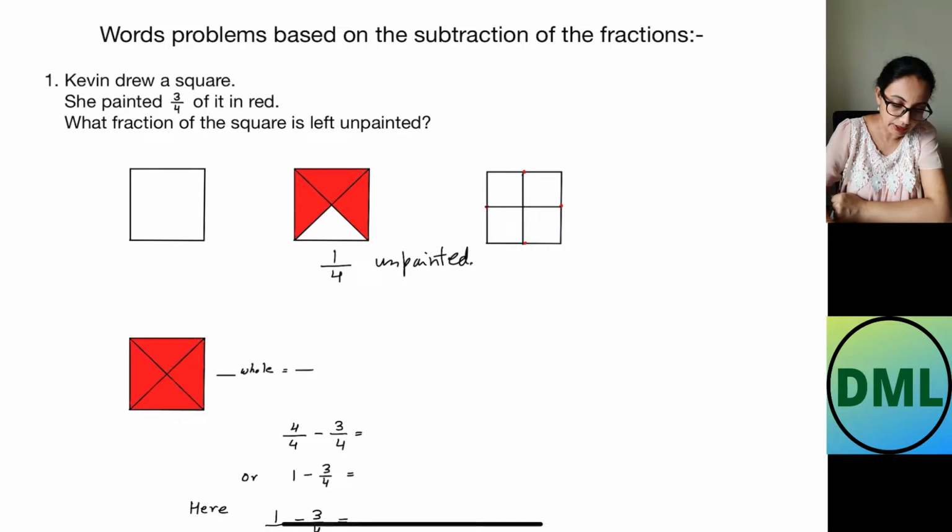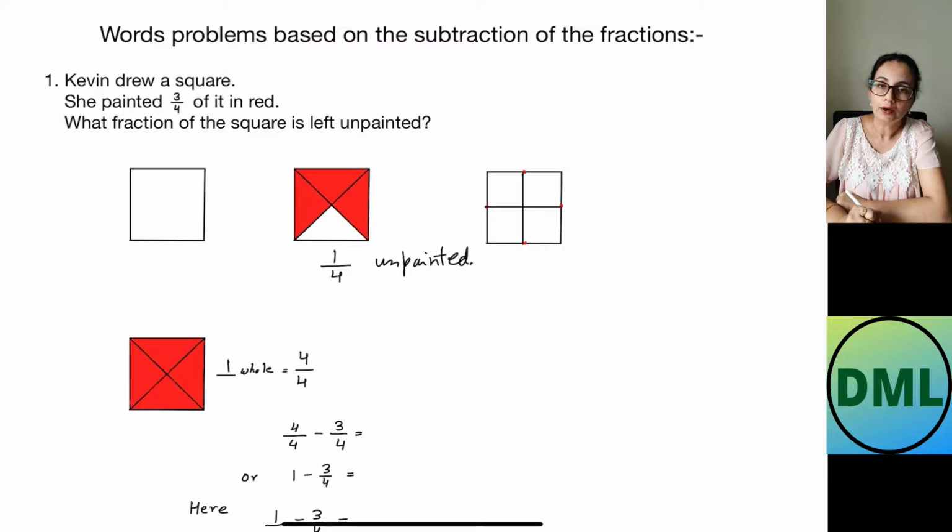As we know, if I shade all the 4 parts, this square is considered one whole, right? So one whole will be written with how many parts? 1, 2, 3, 4 parts. So I can write one whole as 4 by 4, because 4 by 4 is one whole.